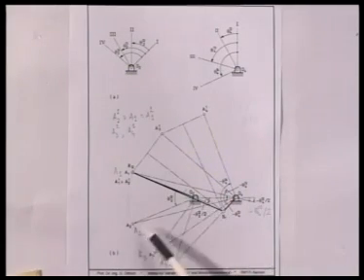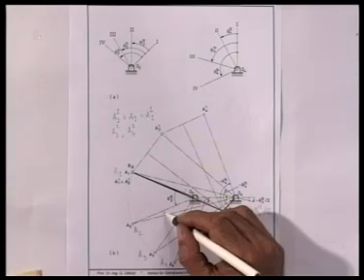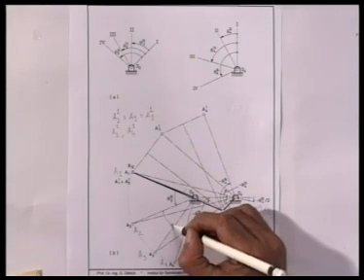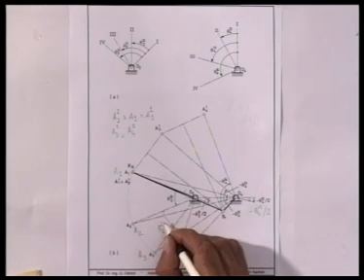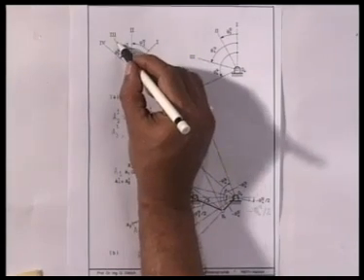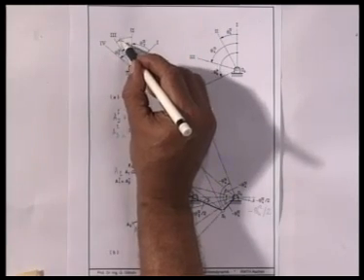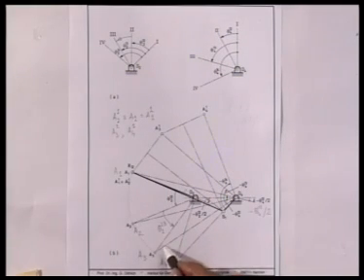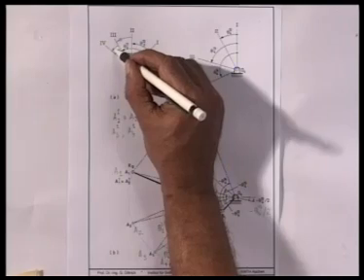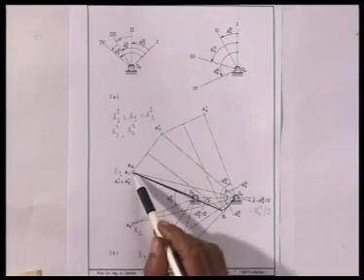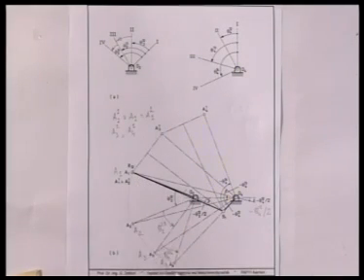Then between O2A2 and O2A3, this angle should be theta 2 2 3, which is also given. Then rotating it further, theta 2 3 4, which is also given, I can locate from this location of A1, A2, A3, A4.